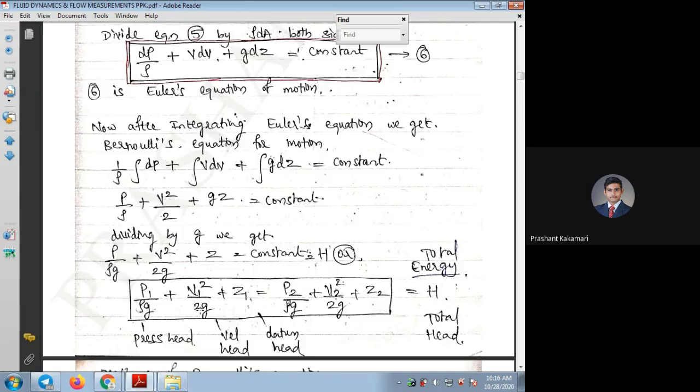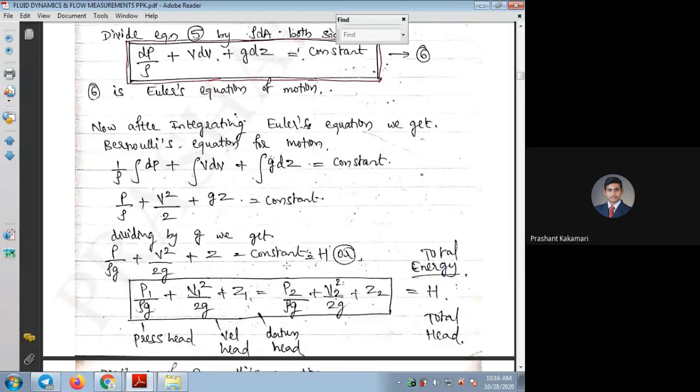So like that, if you consider the inlet side or outlet side, or any center point also, I can write it as equal to the other side. For the other side, I am going to consider the outlet side. I'll write it as Po by rho G plus Vo square by 2G plus Zo.